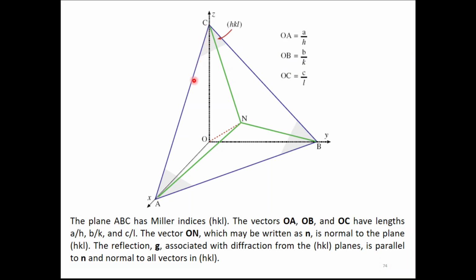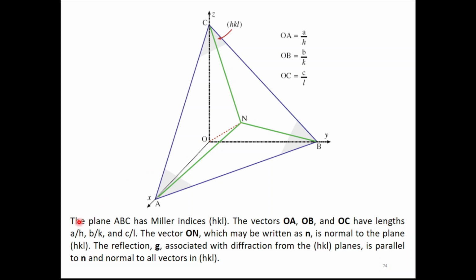From this origin to the center of the plane, the center of the plane is represented by N. So this ON is the vector which is perpendicular to this HKL plane. This is quite clear from this diagram. So it means that this ON is parallel to G.